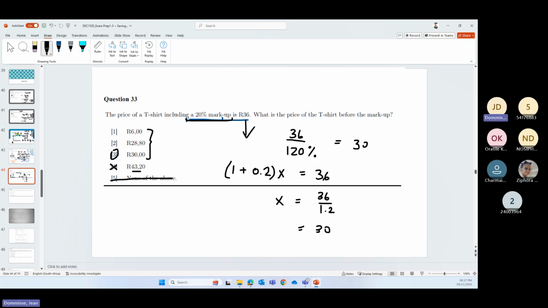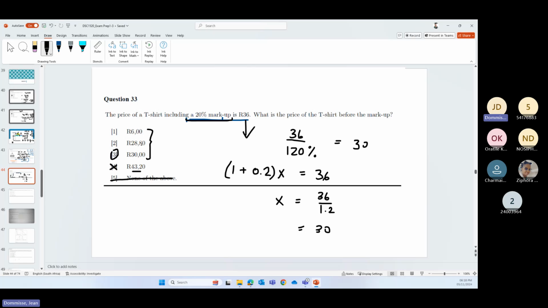Again, you could see with the 36 and the 20% markup, there's no way that it can be 6 rand, because by increasing it by 20%, you can't get from 6 rand to 36.